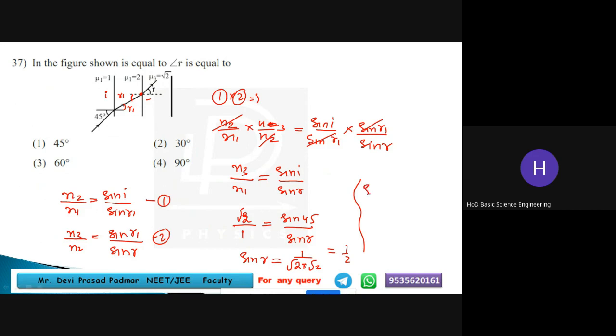So sine r equals 1 by 2, r equals sin inverse of 1 by 2, that is 30 degrees.